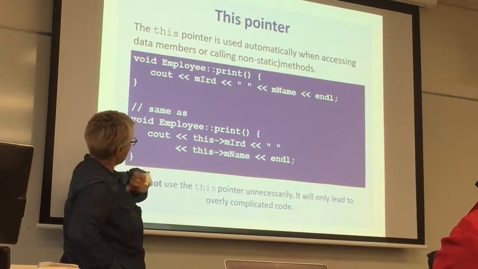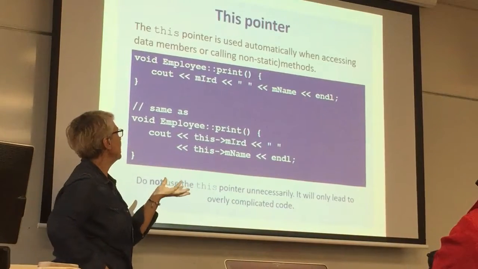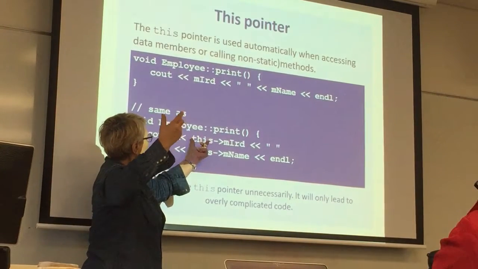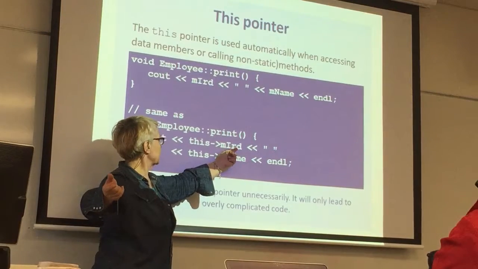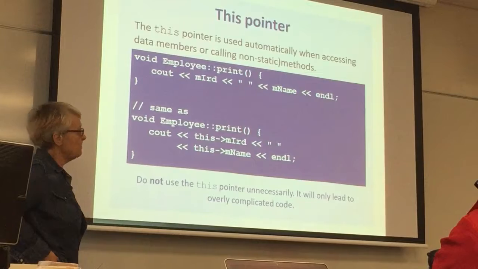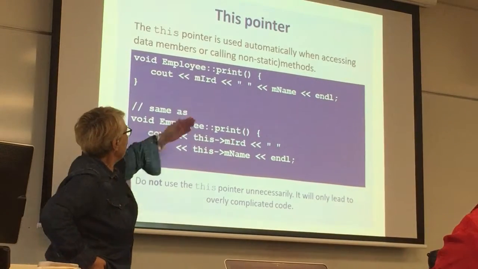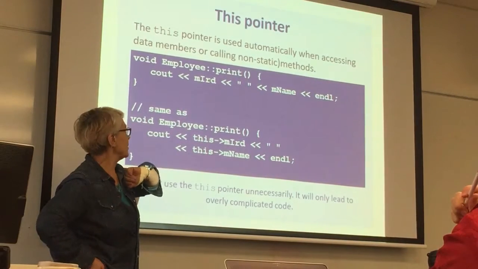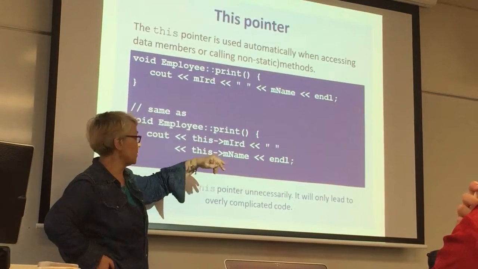You will see some people use this kind of syntax, which is a little bit more cluttered. Current object, so this pointer, access mIRD in the current object, access data member name. So it's an equivalent way of writing the print function. We prefer this one. Avoid this one because it's not necessary.